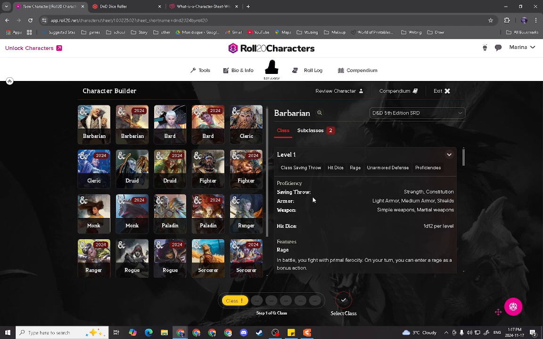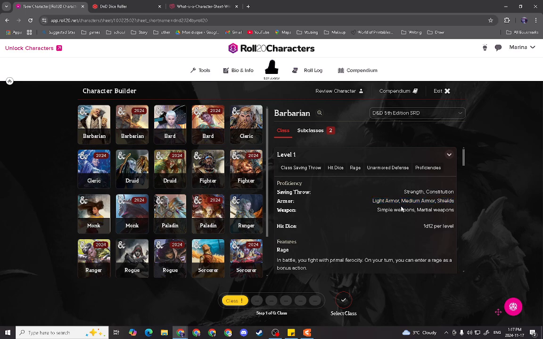Okay. Armor. These are the armors you're allowed to have. So you can't wear heavy armor yet. Well, these are proficiencies, the armors you're able to wield. Say if you wear heavy armor, you don't exactly know how to move in it.